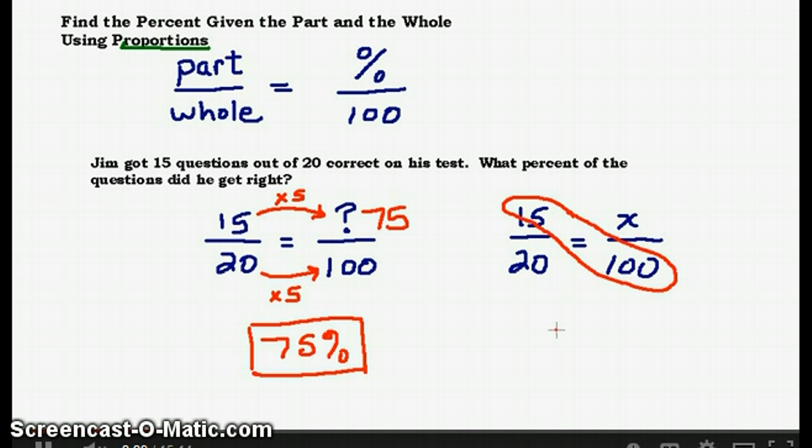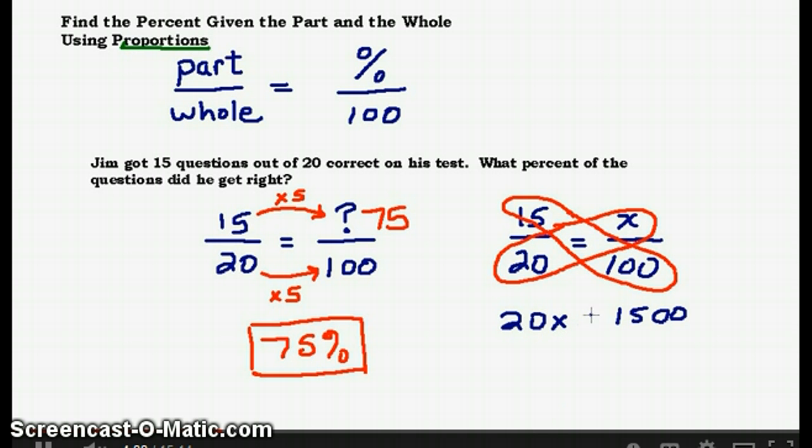Let me circle that for you. Alright, 1,500 will equal 20 times x. Remember, when we write a variable right next to a number, it means that we're multiplying.